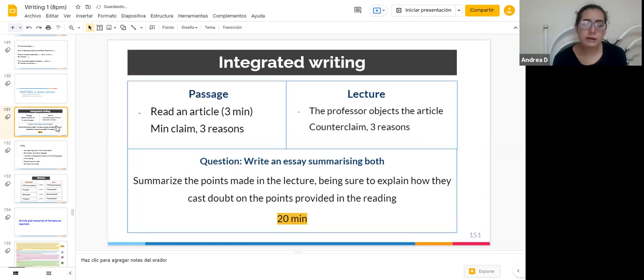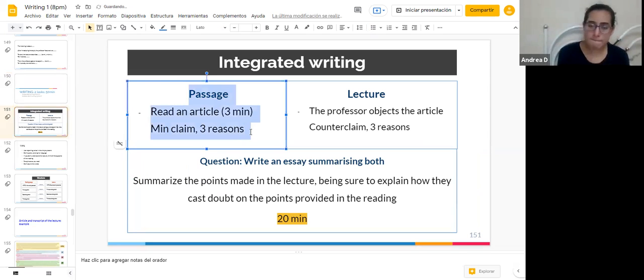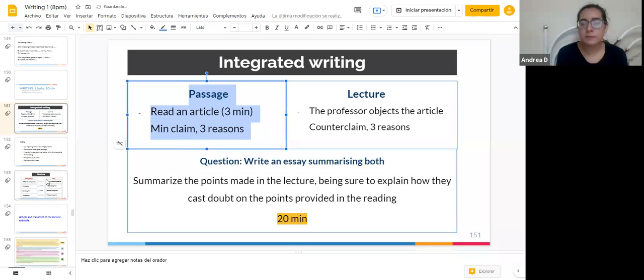Now, this integrated writing is quite similar to what we had in the speaking. I don't know if you remember the term integrated, but it means that you get to do something before you answer the question. You need to work with some material. In this case, you'll be reading an article first for 3 minutes. Of course, this article is going to be a bit longer than the ones we had previously.